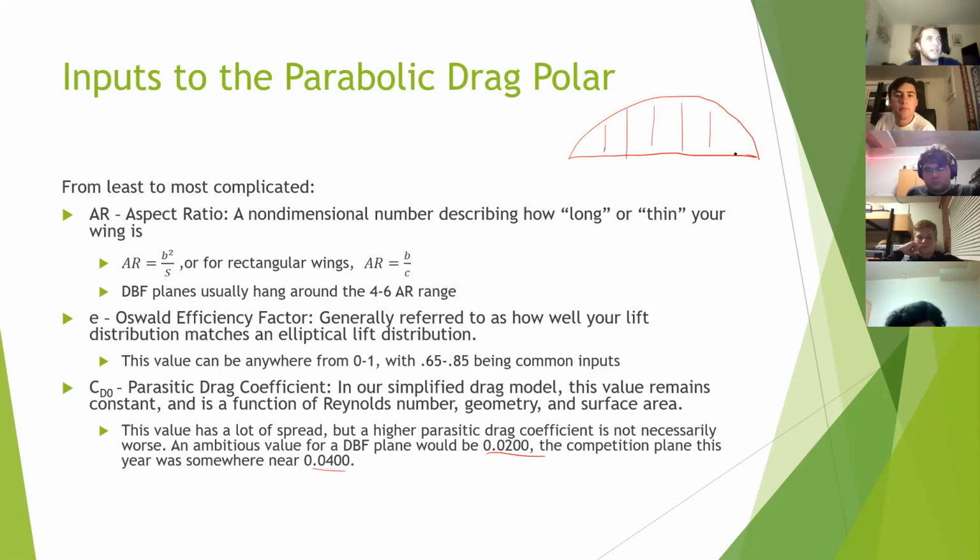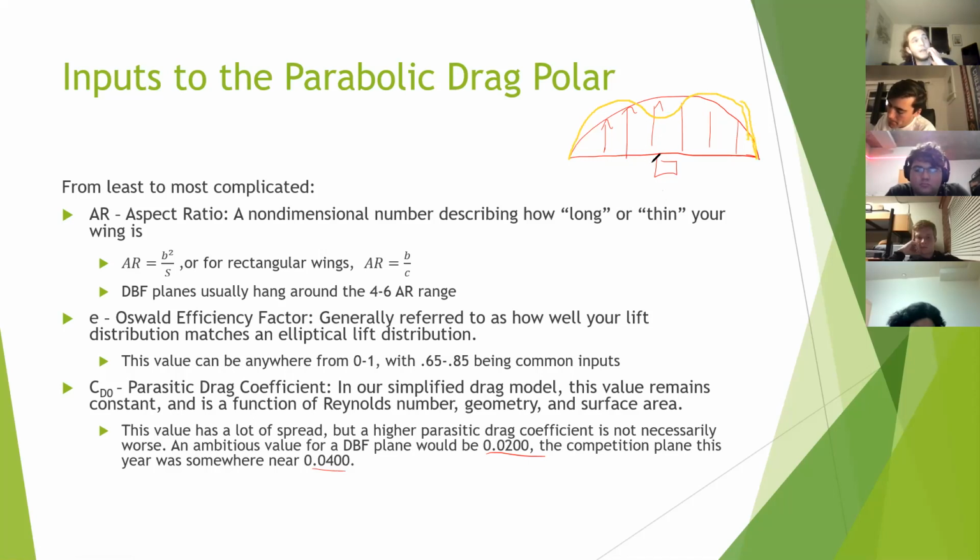That is not what we almost ever get. A, we have a fuselage, which makes that not happen, and B, we're flying a non-optimum wing. We'll get something like this, which is kind of far from that ideal distribution.